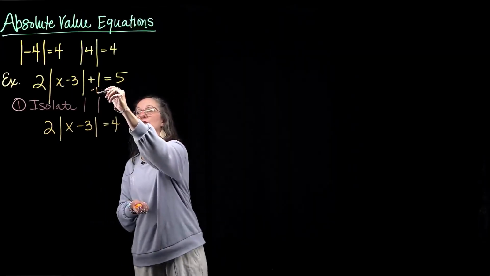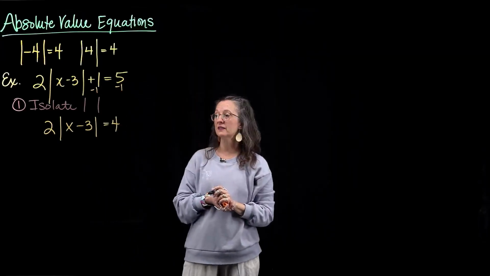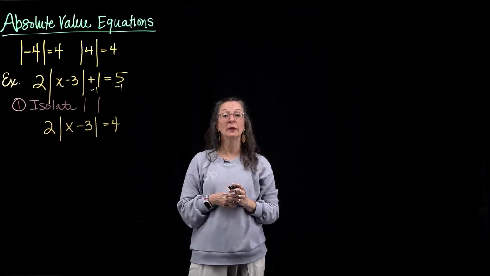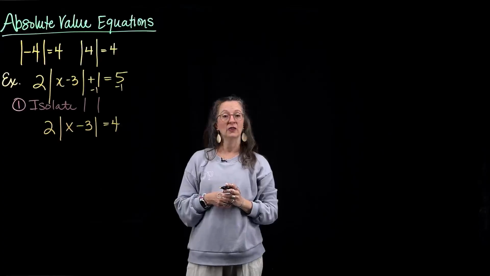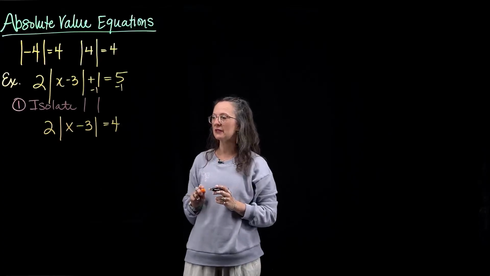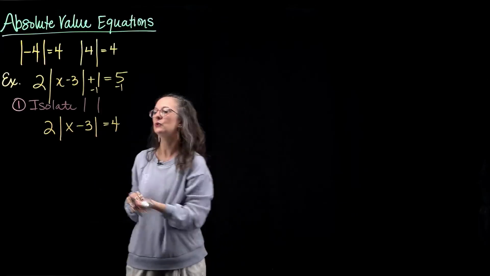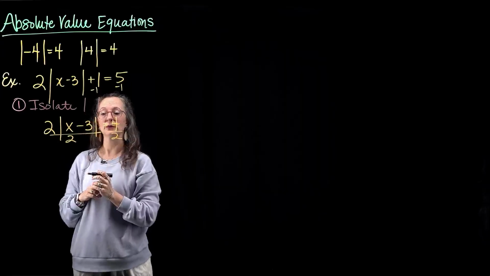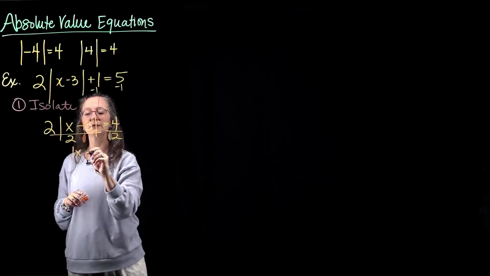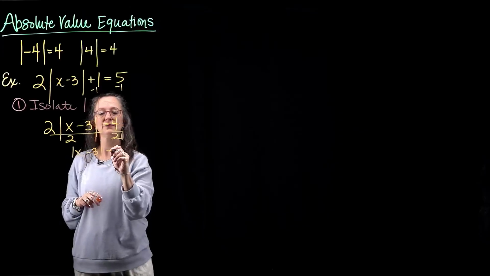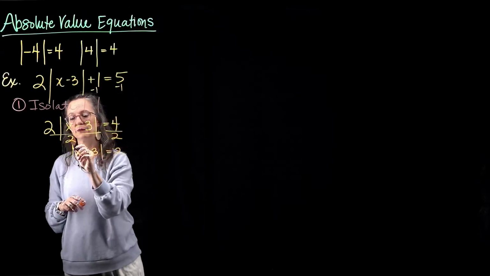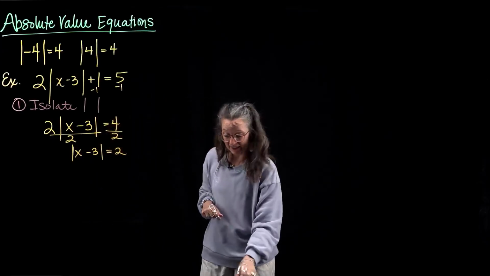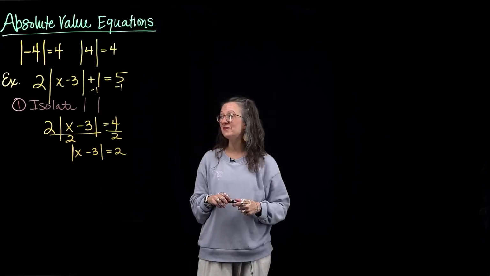So I have subtracted 1 on both sides, and I'm one step closer to having that absolute value by itself. It's really close to by itself, but it's multiplied by 2. So to undo that, we're going to divide by 2 on both sides, and I get absolute value of x minus 3 is equal to 2. All right, so we have isolated that absolute value.